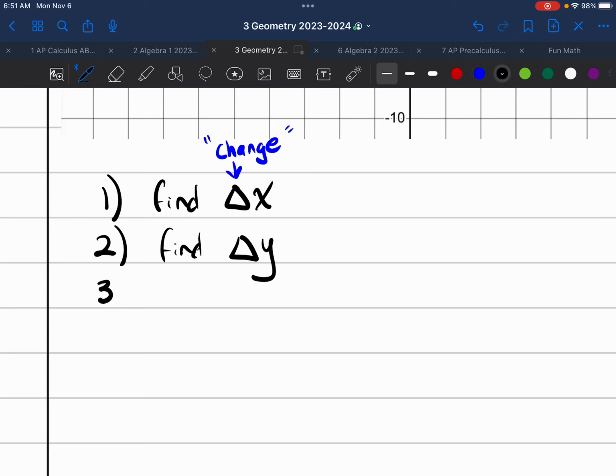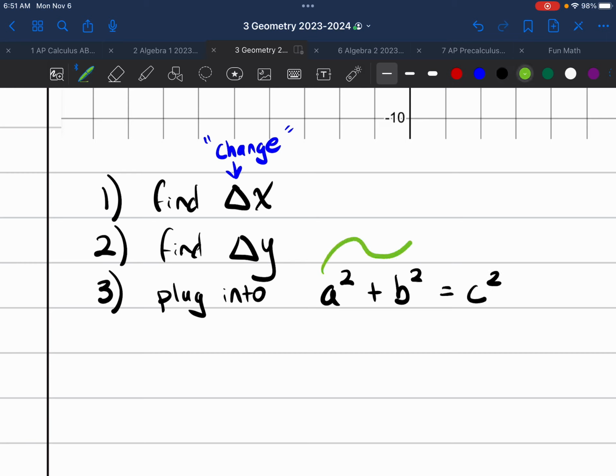So I'll say step 3, plug into this a squared plus b squared is equal to c squared, and that has a name. This thing is called the Pythagorean theorem.